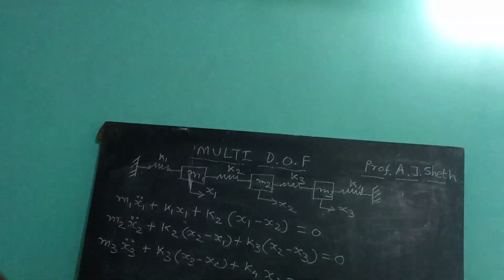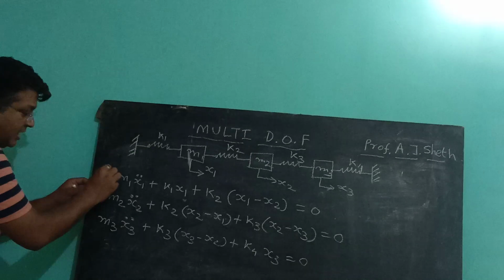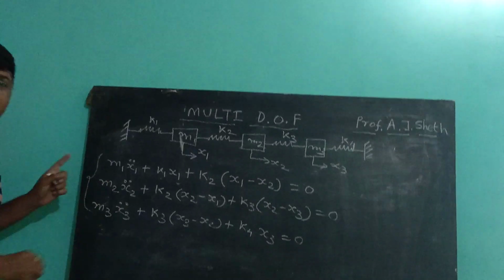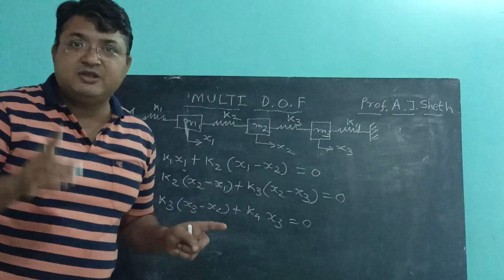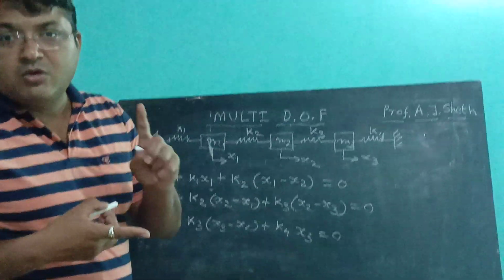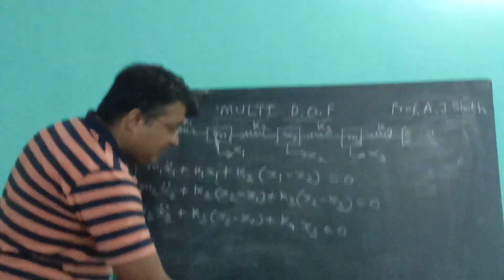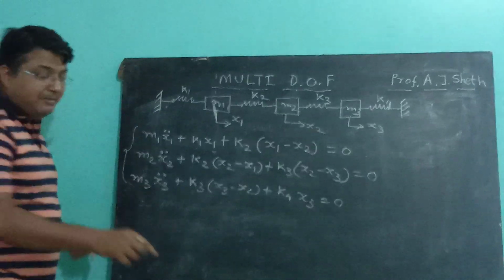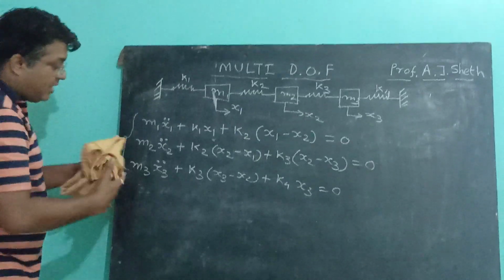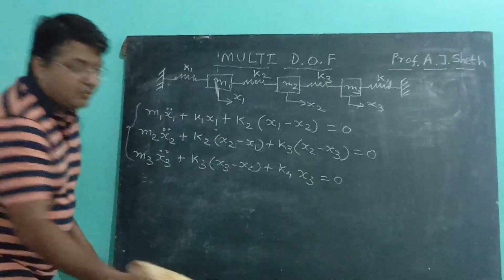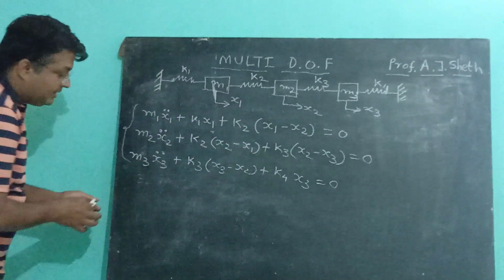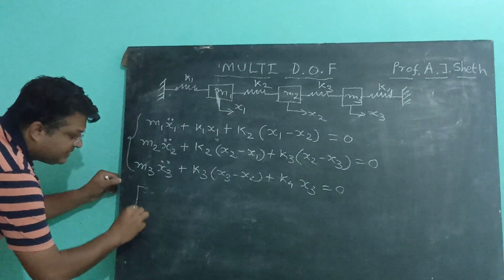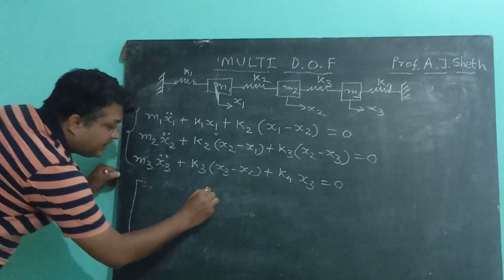Now this is how we normally write the equations of motion with the help of Newton's second law. And now we are going to write them in matrix form. It is a very simple method to present this in matrix form.